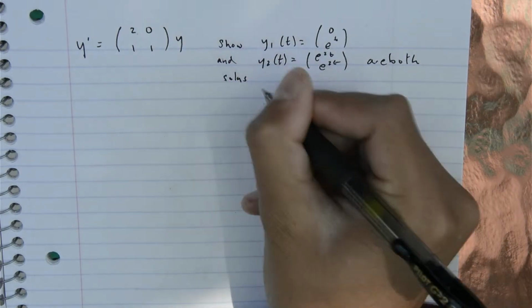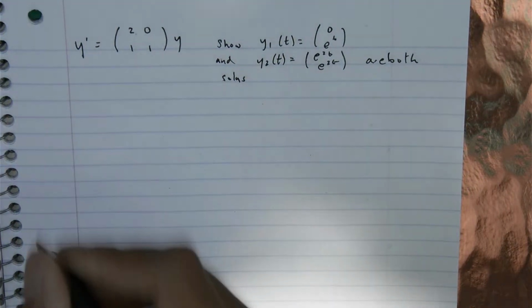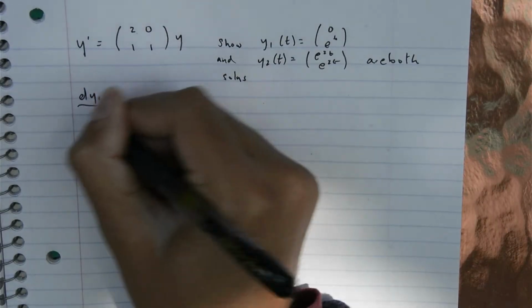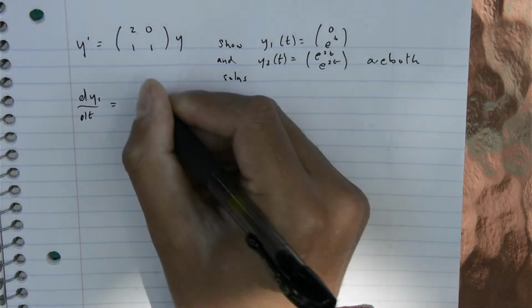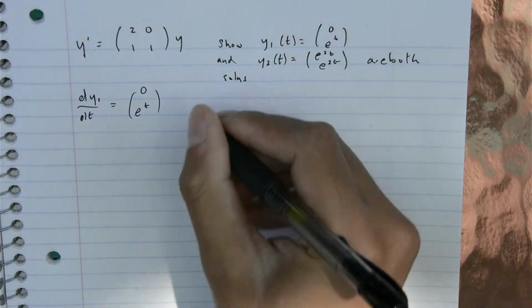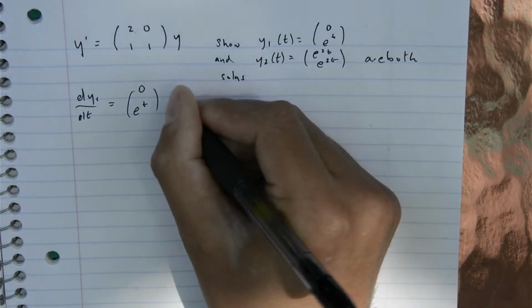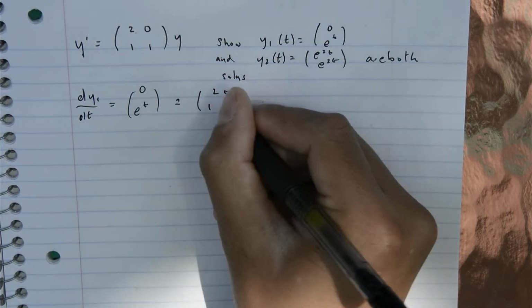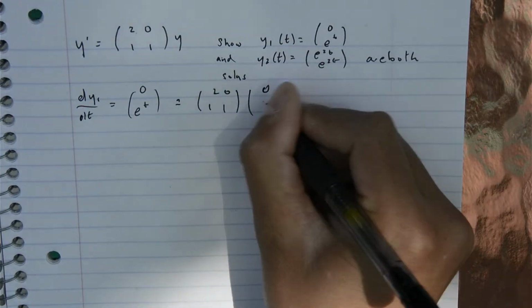All right, so the first one, we're just going to compute dy1 dt, which is equal to 0 e to the t. So it doesn't change at all. Now we want to show that this is equal to 2011 times 0 e to the t.